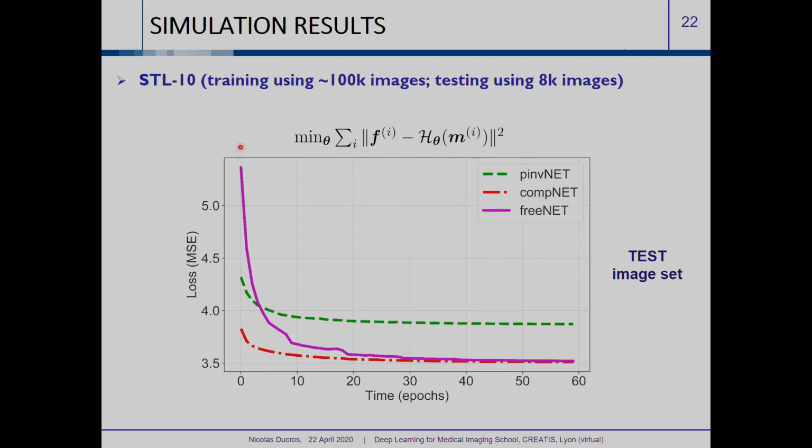Here we have a look at the loss. Basically this loss is the mean reconstruction error over the training database. What you can see is that here we have the FreeNet, so we train the fully connected layer.